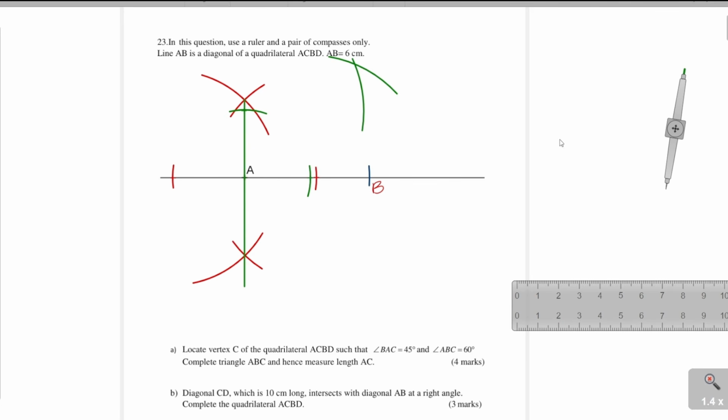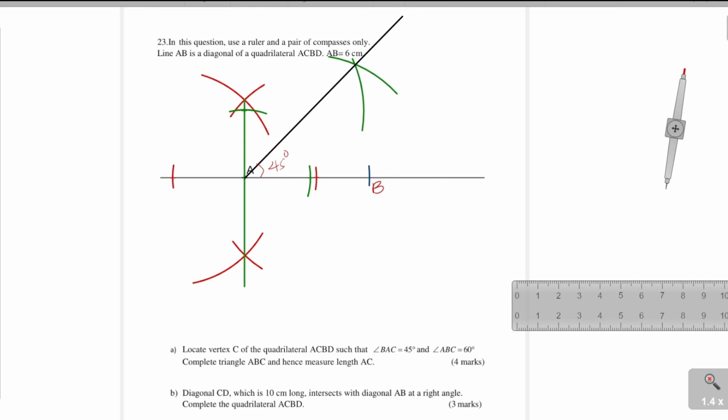So now you have that 45 by joining point A to the point of intersection of those arcs. Let me make this one longer. You join that using a straight line. You shall have 45 degrees. You've bisected. So this is 45 degrees.